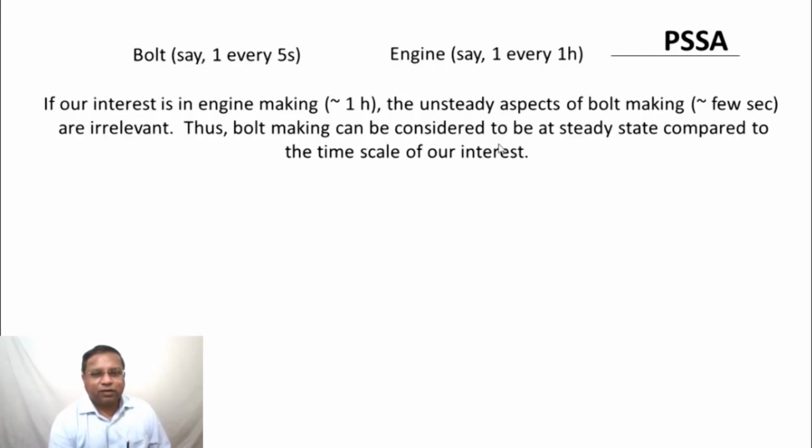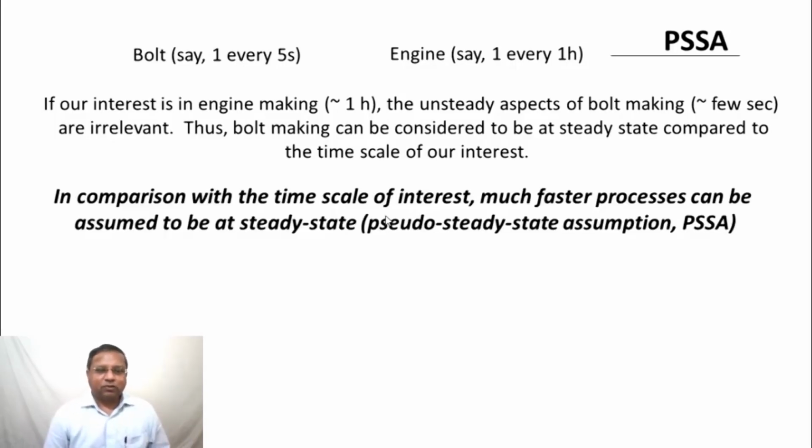Thus, bolt making can be considered to be at steady state compared to the time scale of our interest, irrespective of whether this has been at steady state or not. So you need comparison. In comparison with the time scale of interest, much faster processes can be assumed to be at steady state, and this is called the pseudo steady state approximation. We are revisiting this. This is an important concept, a little difficult to appreciate in the beginning, but once you get a hang of it, it becomes very powerful.